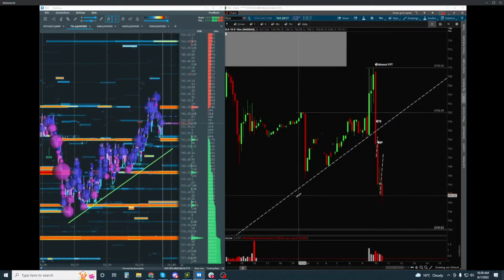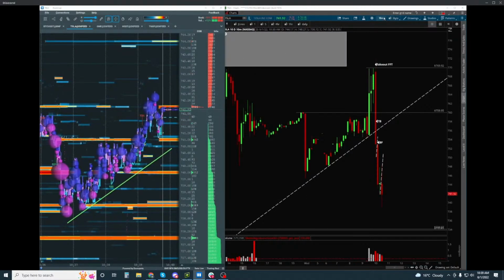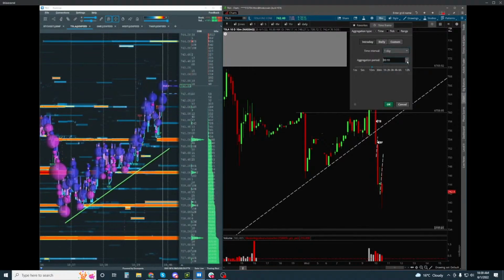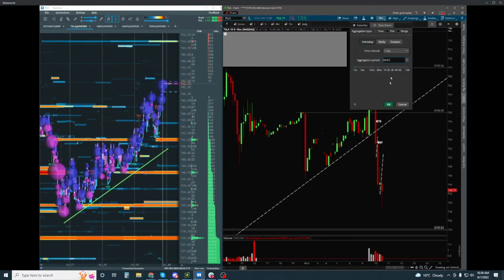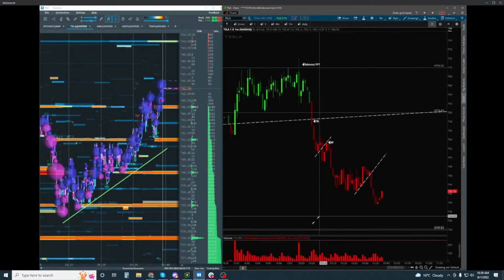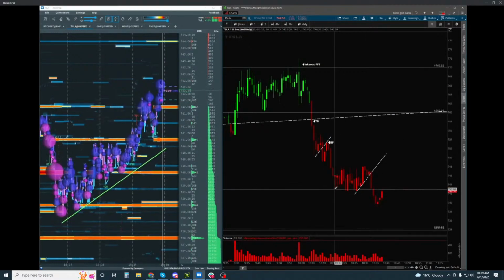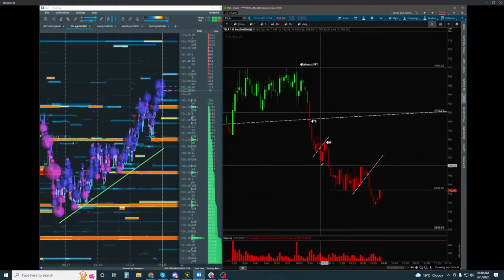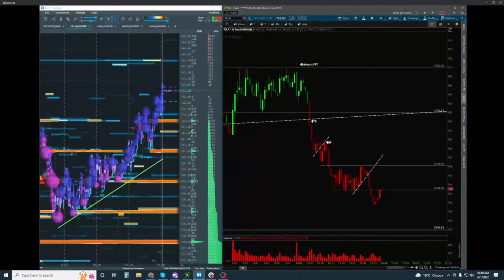Previous resistance was 742, 743. So I'm looking at this level over here. If we can have a rejection, my last trailing will be the 748. That's my last trailing.